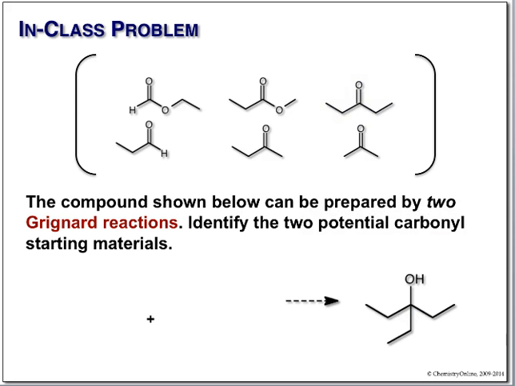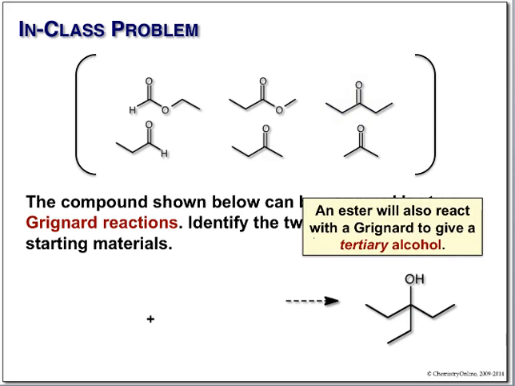We can also make a tertiary alcohol from an ester, right? Now we know that we're going to add 2 groups, 2 Grignards to our ester, right? So again, these 3 arms are the same. Let's just cut off 2 of them.